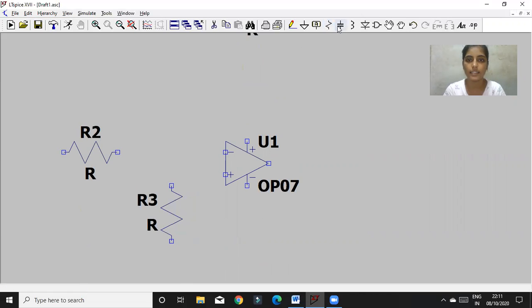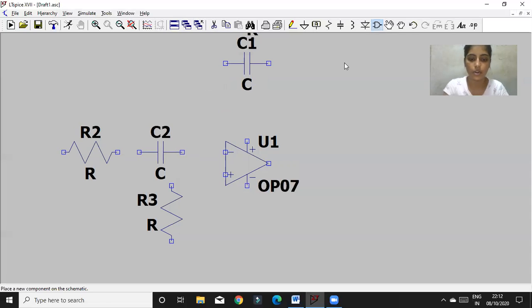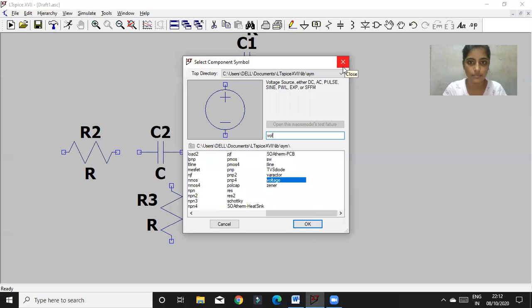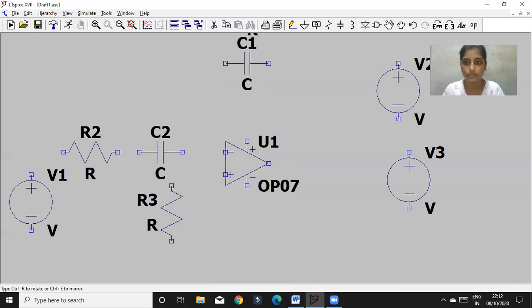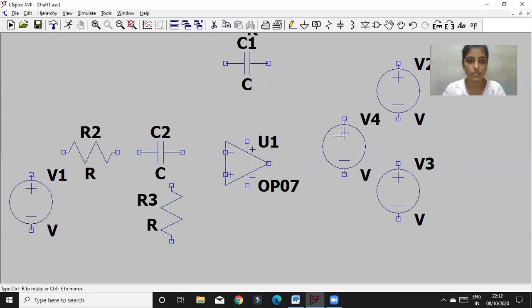Now I'm selecting the capacitors, one placed here and one placed here. Then I'm selecting the voltage sources, one connected here and one here.